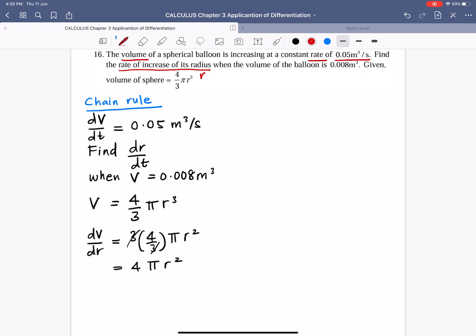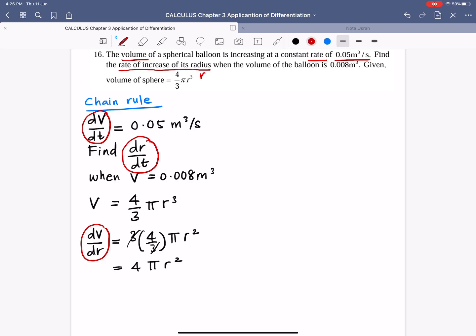Okay, now we want to utilize this and this. We want to use the chain rule, so we will utilize these three, where dV/dt is equal to dV/dr times dr/dt.